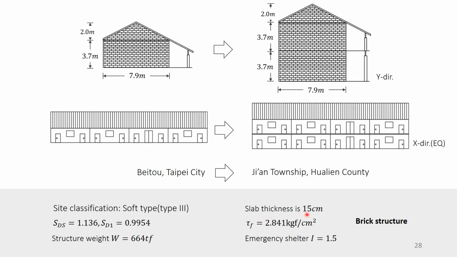The slab thickness is 15 centimeters, and tau F, the force between the brick and the mortar, is equal to 2.84 kgf per cm square. It is an emergency shelter, so I equals 1.5. And this structure is made of brick.